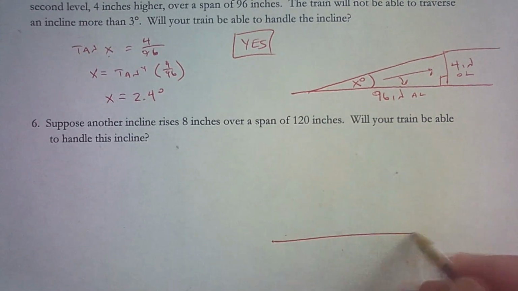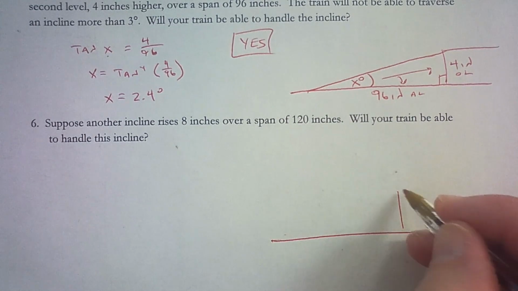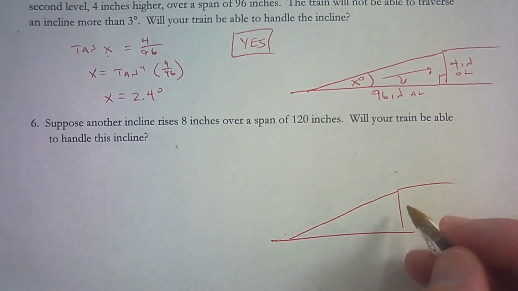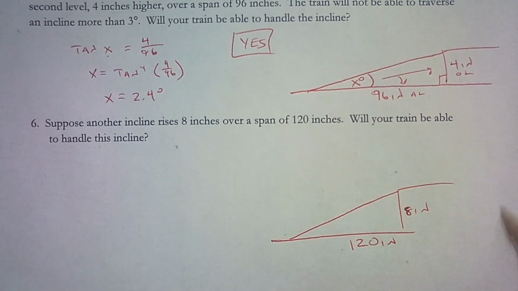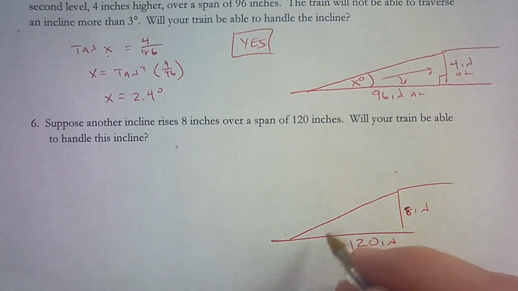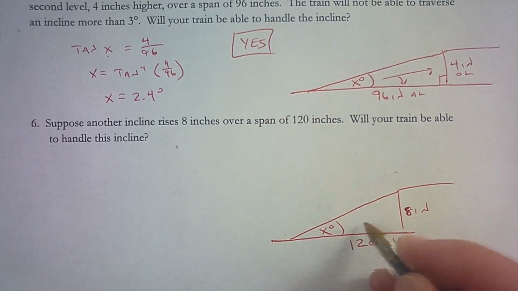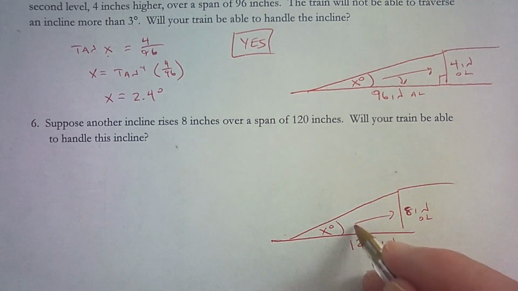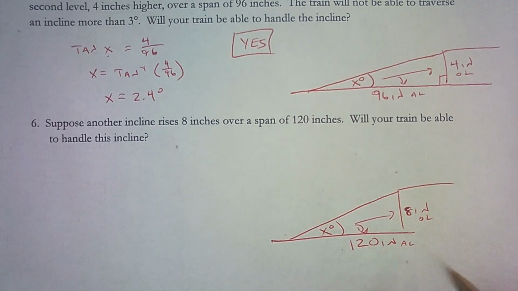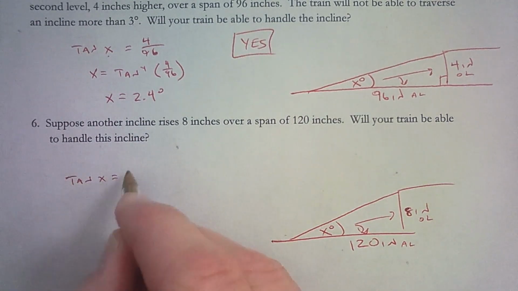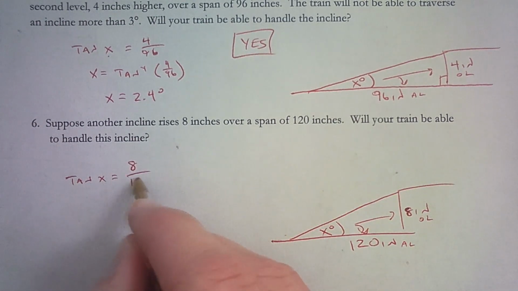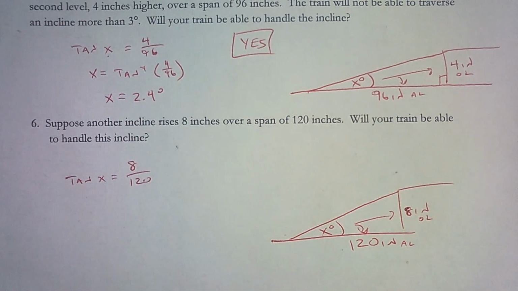Suppose you have another incline. So we'll draw ourselves another incline. So here's the track. And it's going to be an incline rising 8 inches over a span of 120 inches. Will your train be able to handle the incline? So here's our angle. Once again, we have opposite leg and adjacent leg. So that's going to be tangent. So tangent x is equal to the opposite, 8, over the adjacent, 120.